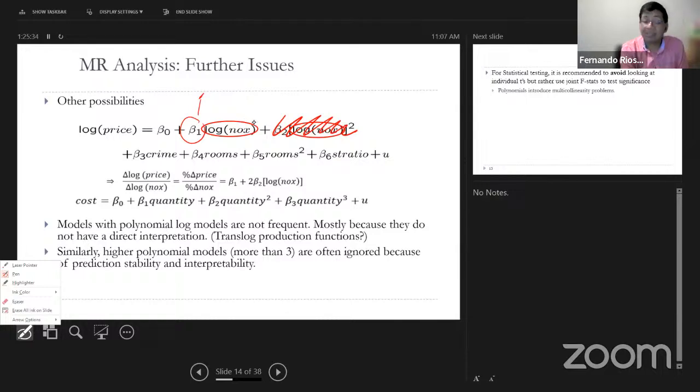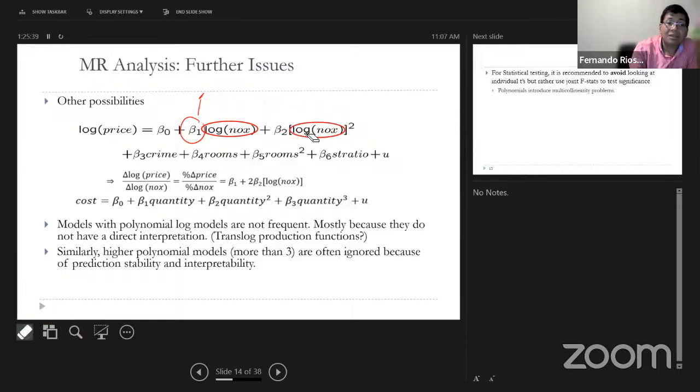That doesn't need to be the case. We could make it even more flexible and say, I'm going to include not only the log of contamination, the log of NOx, but also the log of NOx squared.